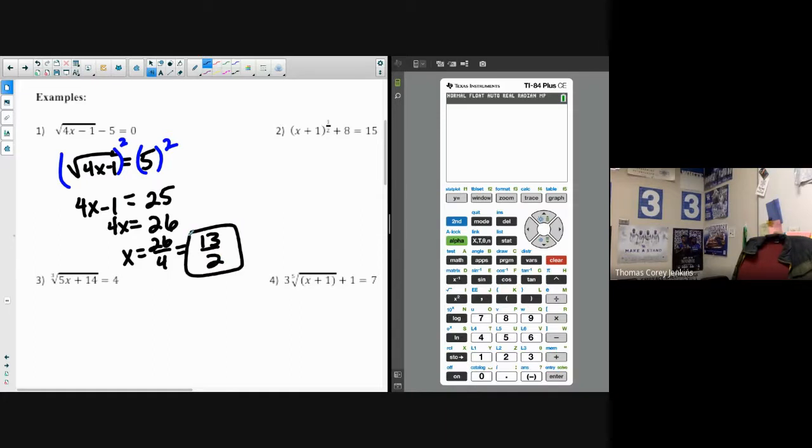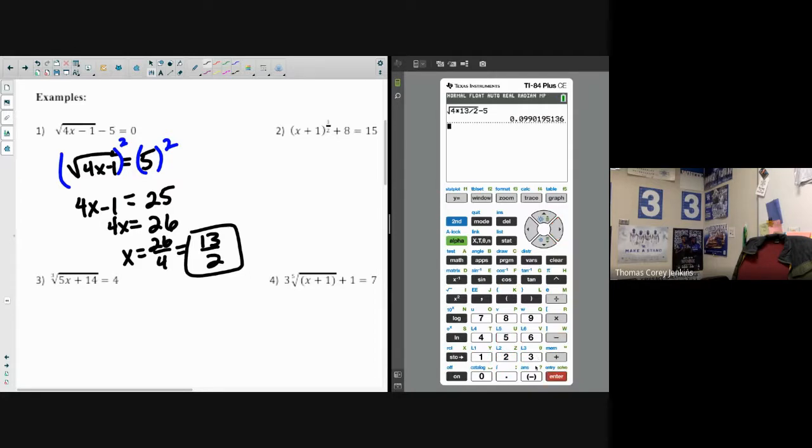All right, so at that point, I will just sub it into my original equation and make sure that it works. Okay, so that's why I have my calculator pulled up here. So second square root, and then 4 times 13 over 2. And remember, you do have that fraction button you can use if you prefer. Then arrow out, do -5.